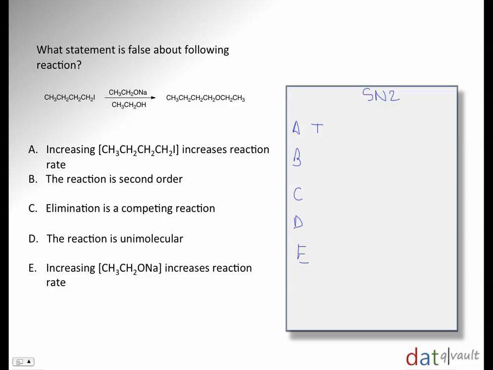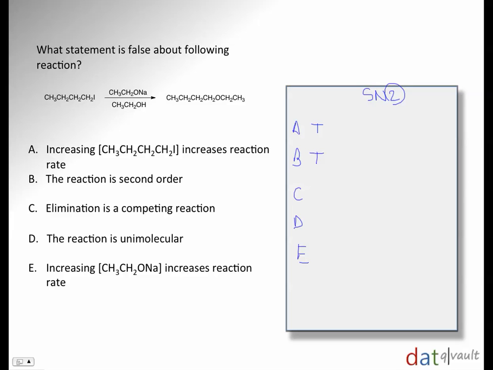So answer B, is this reaction second order? Since we determined based on the nucleophile and the electrophile in this reaction that this reaction is SN2, the 2 stands for being second order. The nucleophile and the substrate are both important in forming the transition state. So yes, this reaction is going to be second order, so that statement is true. C, elimination is a competing reaction.